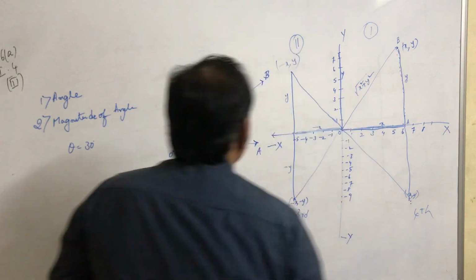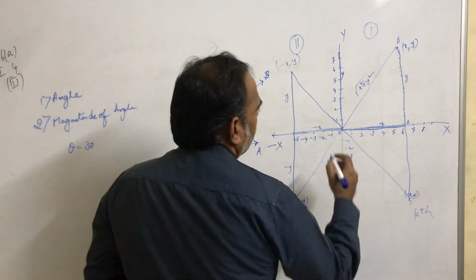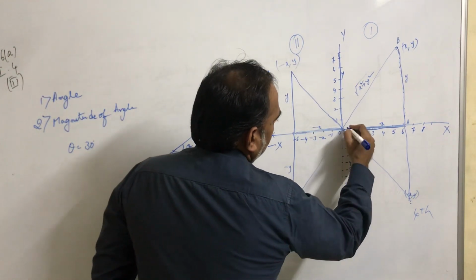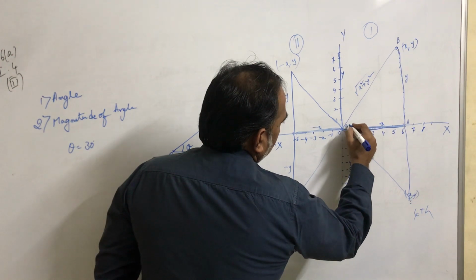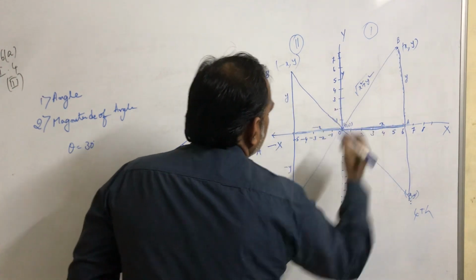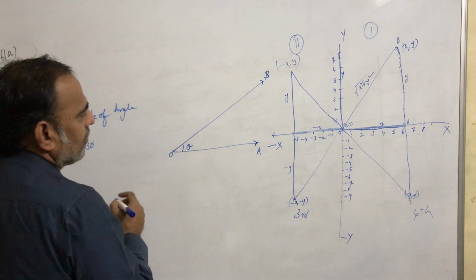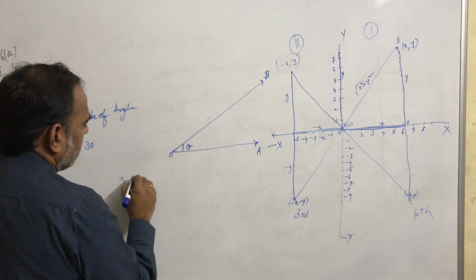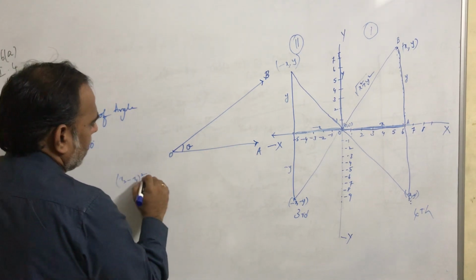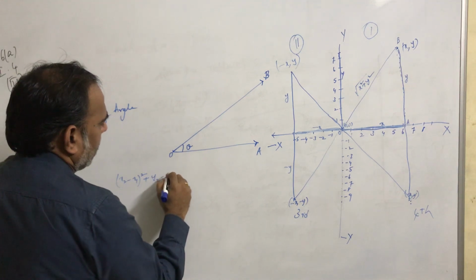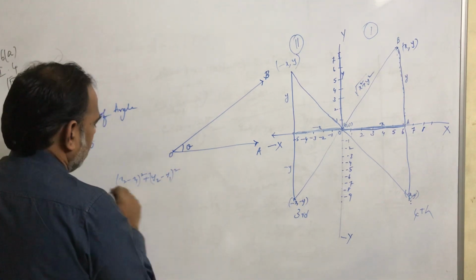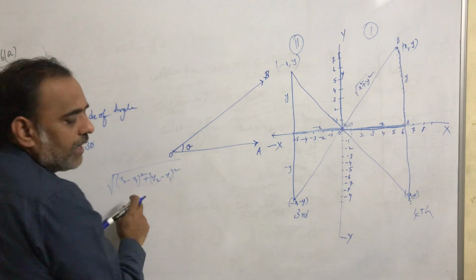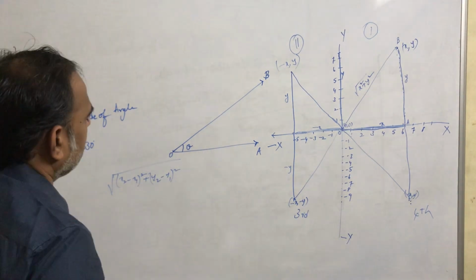That is one way. We have one more way also. This is the origin, represented with (0, 0). What is the distance formula? Square root of (x2 minus x1) square plus (y2 minus y1) square. This we already know from our higher classes.